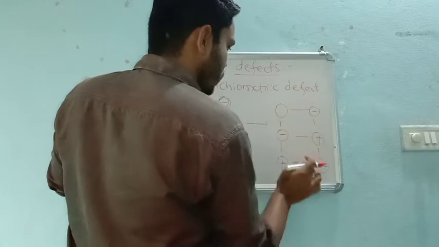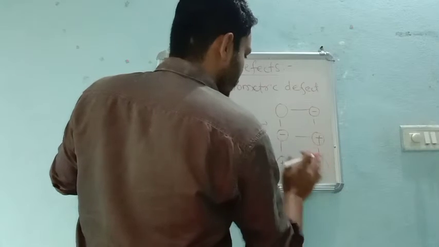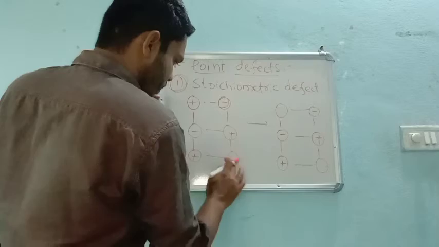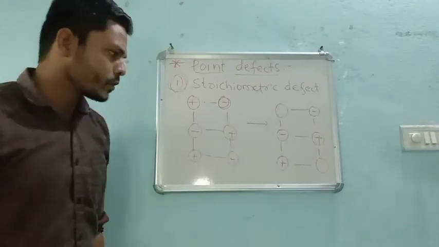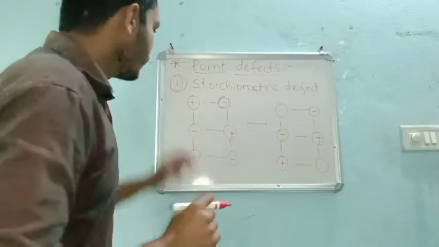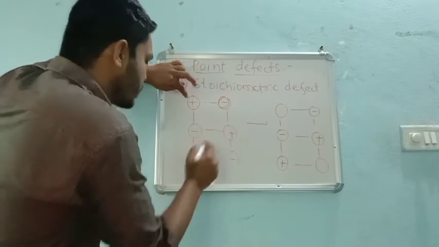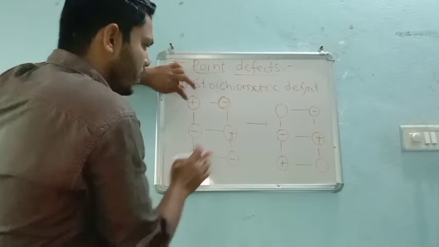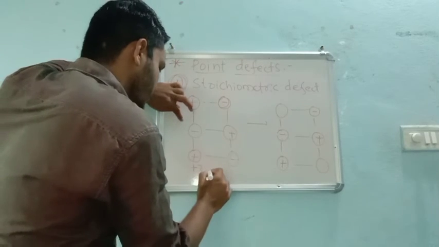Minus 1, 2, 3. So we will remove this one also, and now I'm going to do it like this. Now see how many positives there are: positives are 3. And how many negatives?